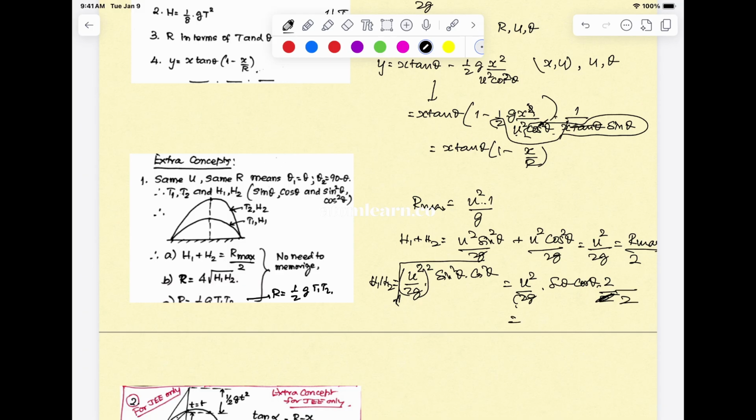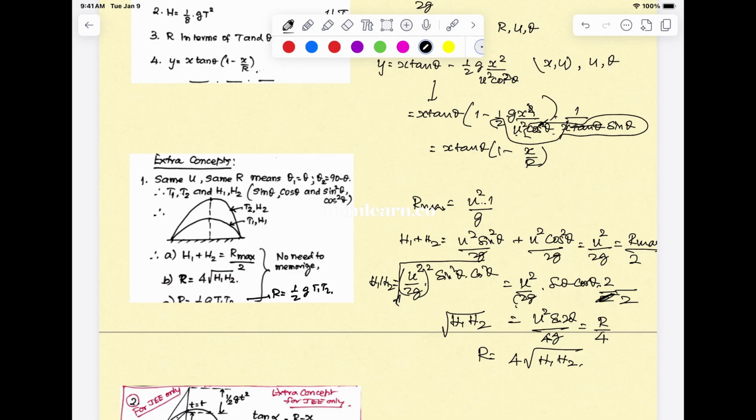Therefore, this becomes u squared sin 2 theta by 4g, which is nothing but r by 4. Therefore, we are now able to prove root of h1 h2 equal to r by 4, or r equal to 4 root of h1 h2. Understood? So that is a relation.